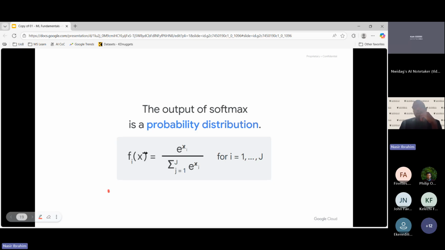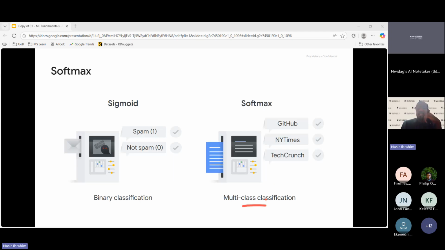An example of that is here. The output of the softmax is a probability distribution. What does that mean? It means that if you sum all of the output probabilities, it's going to amount to what? Even with sigmoid, if you sum the two probabilities, it gives you 1.